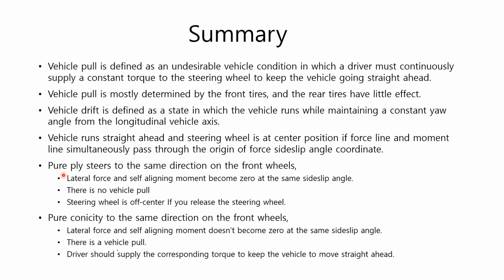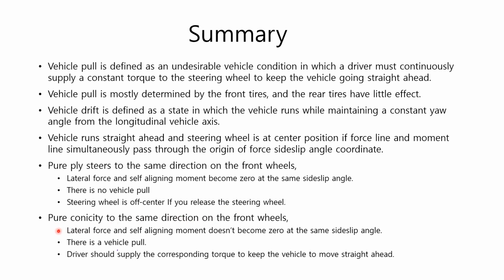In the case of pure plysteer in the same direction on the front wheels, lateral force and self-aligning moment become zero at the same side slip angle. There is no vehicle pull. The steering wheel is off-center if you release the steering wheel.